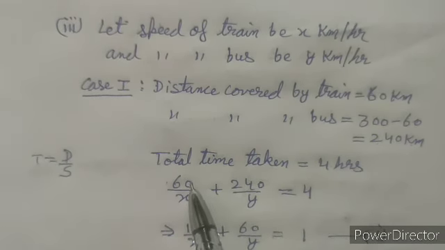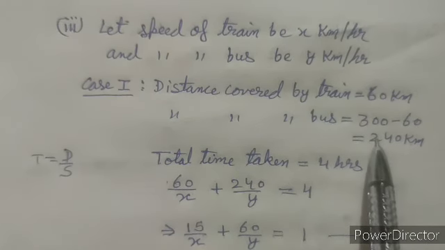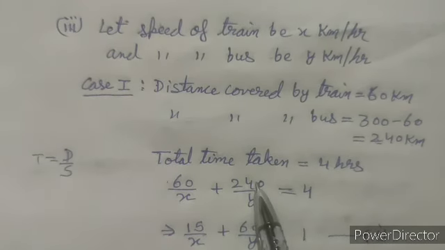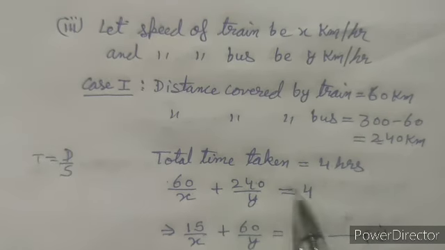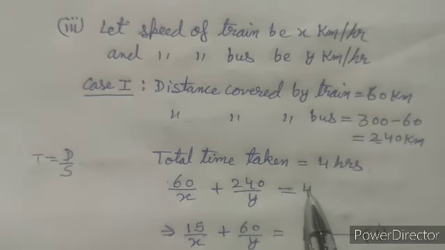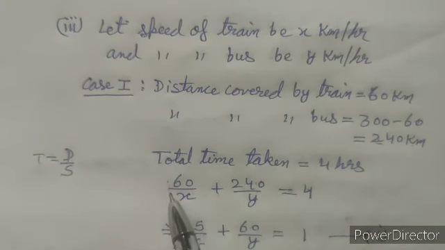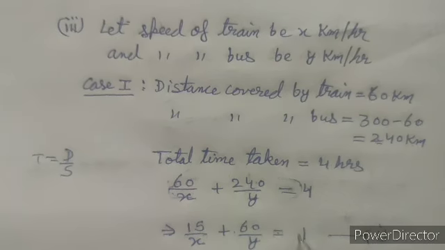Similarly the time taken by bus will be distance covered by bus upon speed of bus, that is 240 by y, and the total time is equal to 4 hours. Now on dividing the whole equation by 4, we will get 15 upon x plus 60 upon y equal to 1.